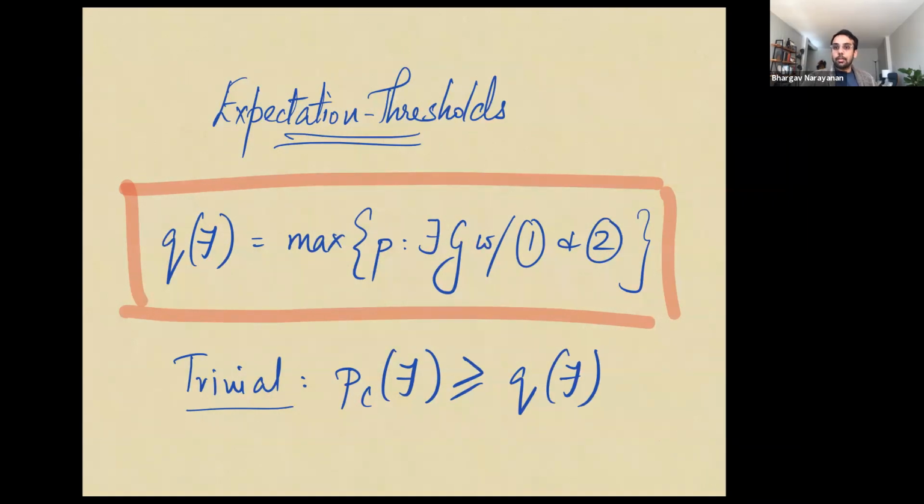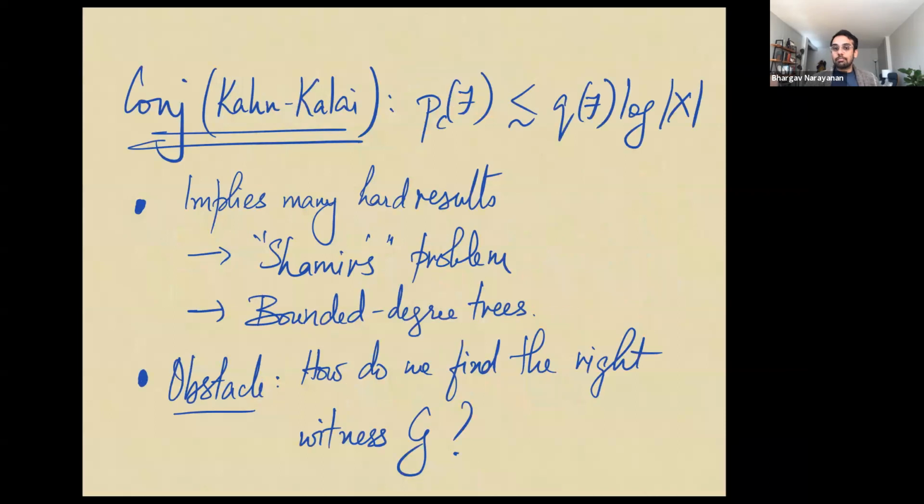It's the largest value of P for which there exists a witness. And unfortunately, the conjecture doesn't tell us what the correct witness is. So it seems very hard to get started thinking about the conjecture because we have no idea what the right witness G is. So it becomes difficult to figure out where to start.